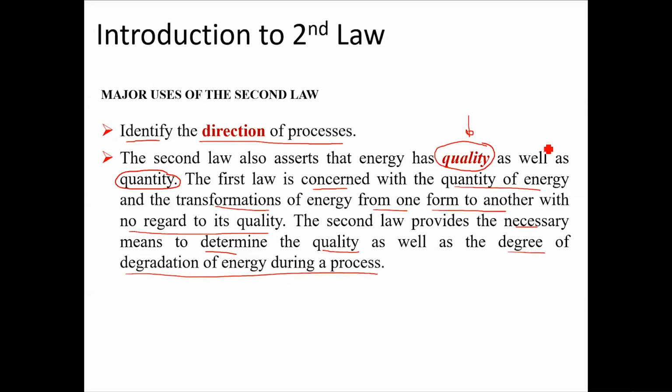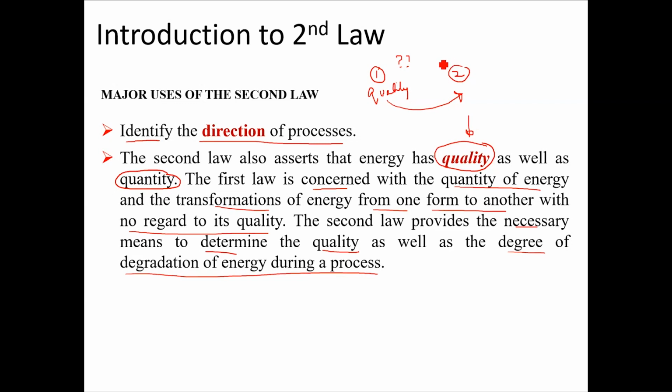That means if a certain process takes place and your system moves from state 1 to state 2, this would give you a tool to analyze how much of your quality has degraded as your system moved from state 1 to state 2.